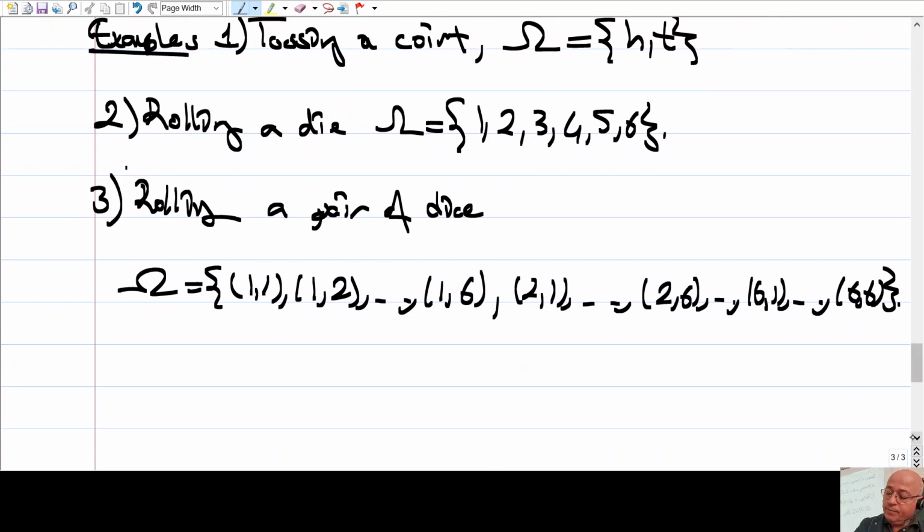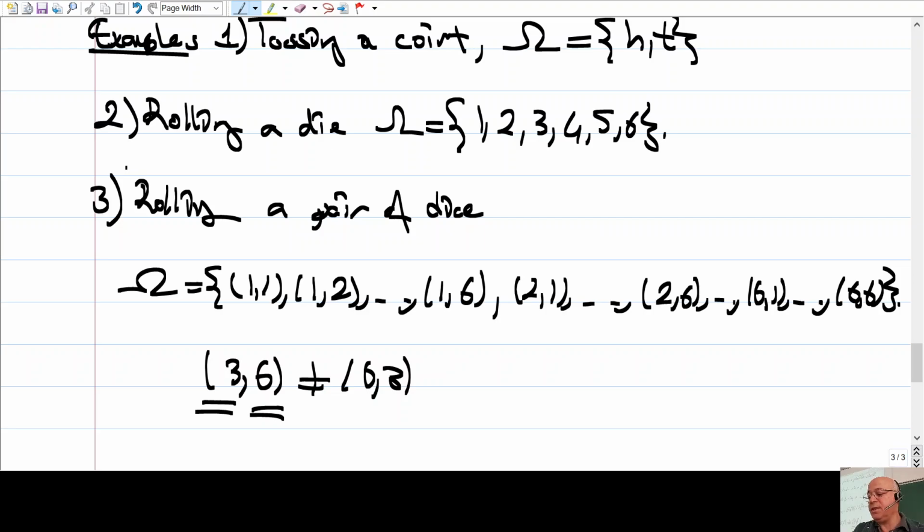Okay, so here our sample space is a set of ordered pairs. So for example, here (3,6) and (6,3) are different. Usually it doesn't matter when you roll a pair of dice; one of them comes 3, the other one comes 6. It doesn't matter which one, but in this sample space it matters.